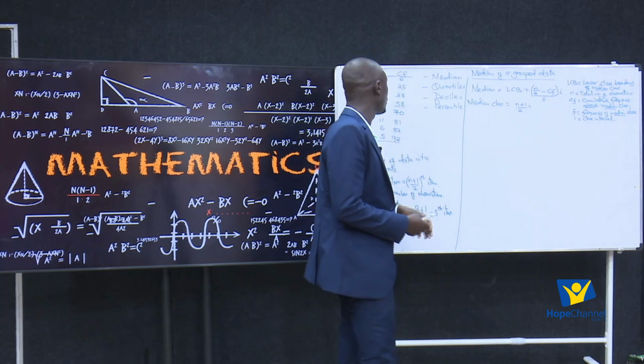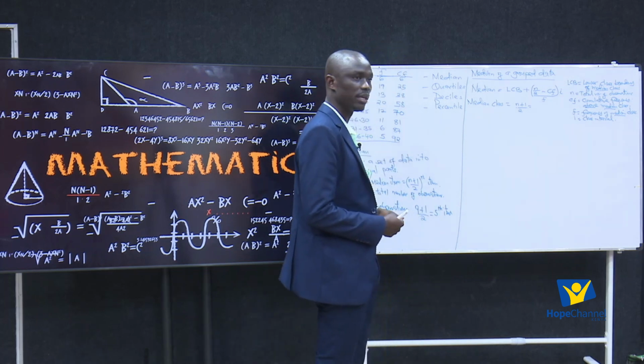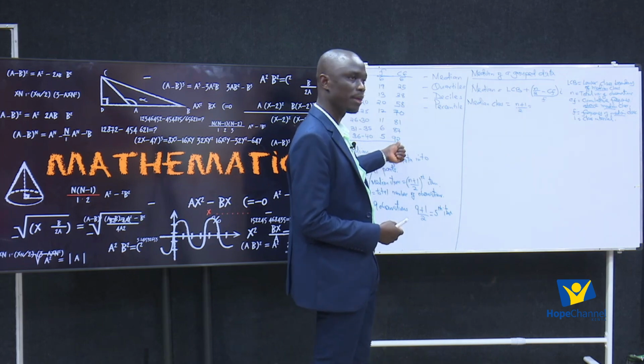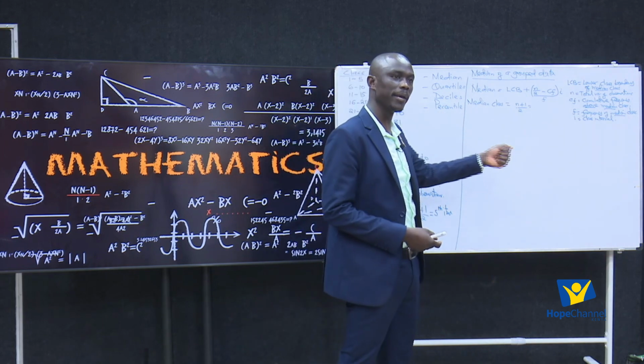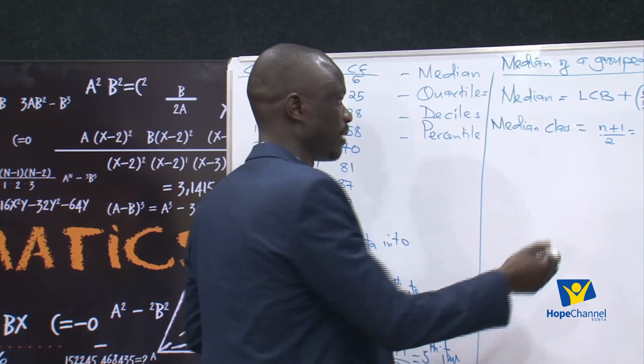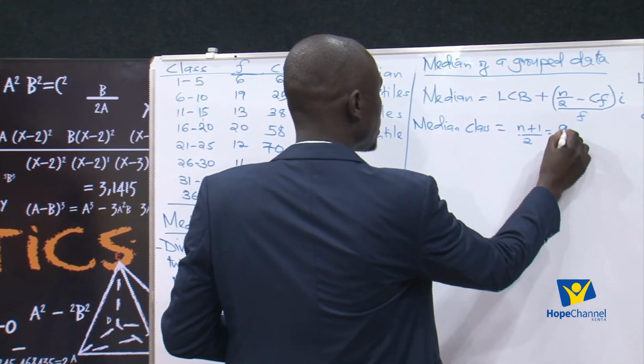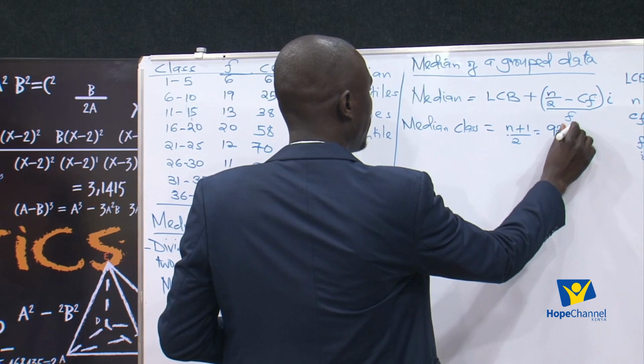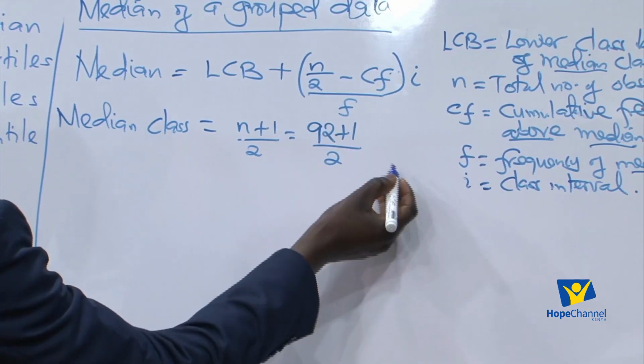So once we have gotten the total frequency as 92, we need to know which item is in the middle. That is the median item. So we simply say 92 plus 1 divided by 2.